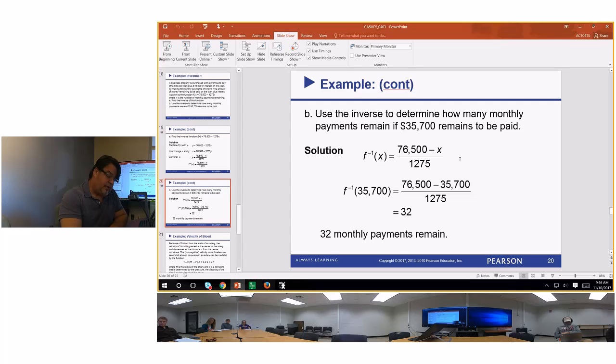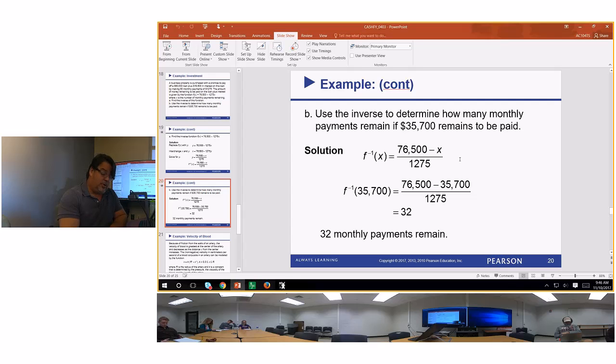f inverse of 35,700 is equal to negative 35,700 plus 76,500 over 1275, and work that out.